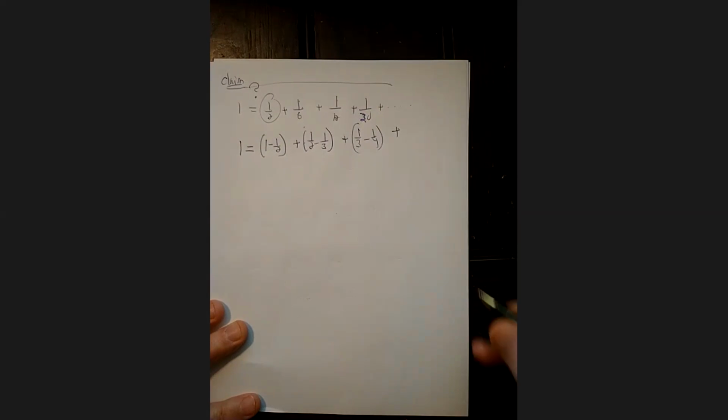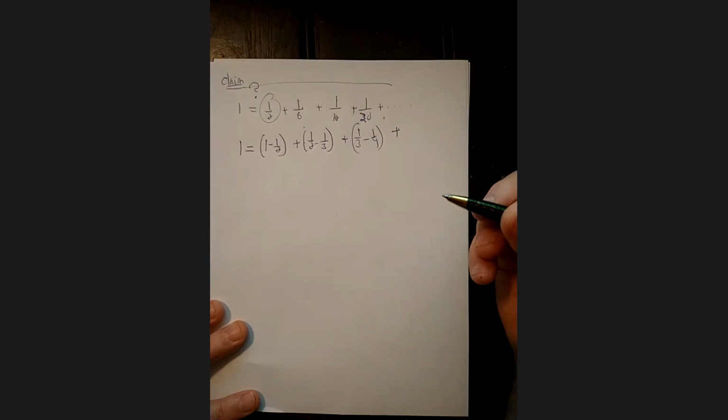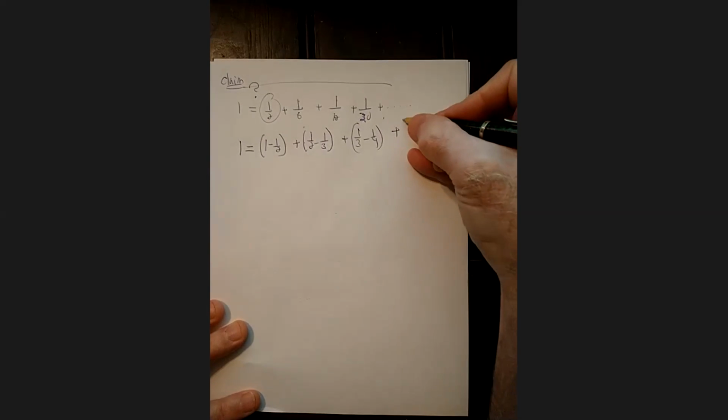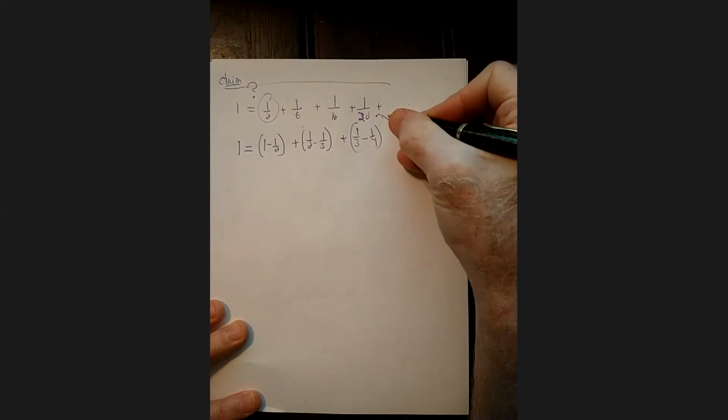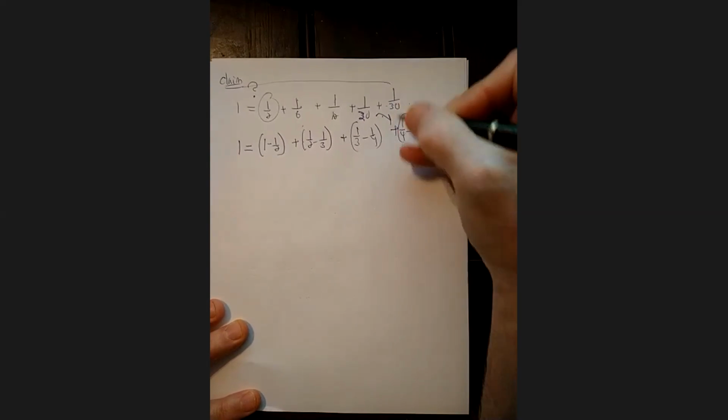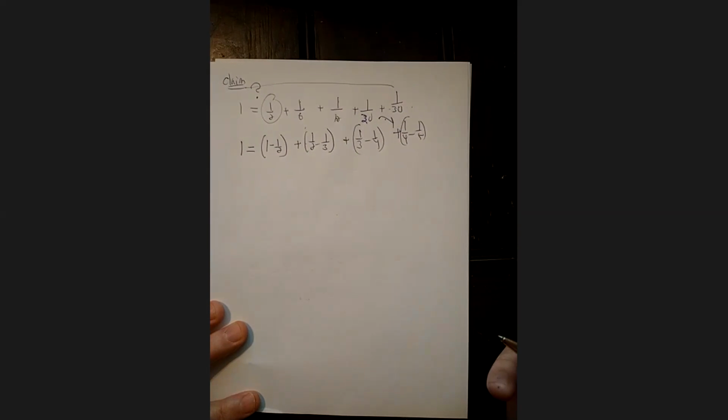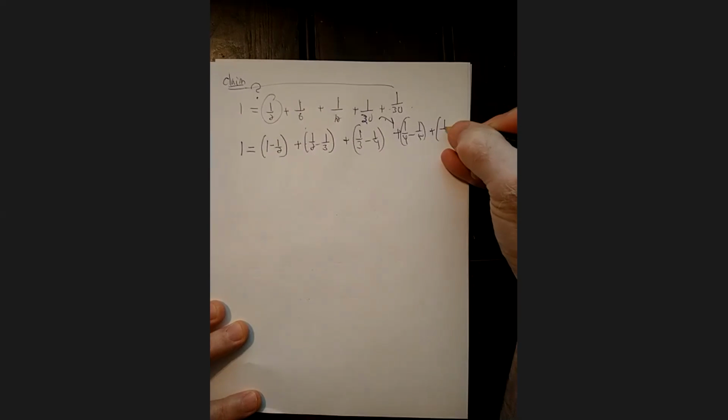Again, to see 1/20th, I see that's going to be 1/4 minus 1/5. So I get that one. Then I look at 1/30, and again, using the triangle, I see that that's 1/5 minus 1/6.